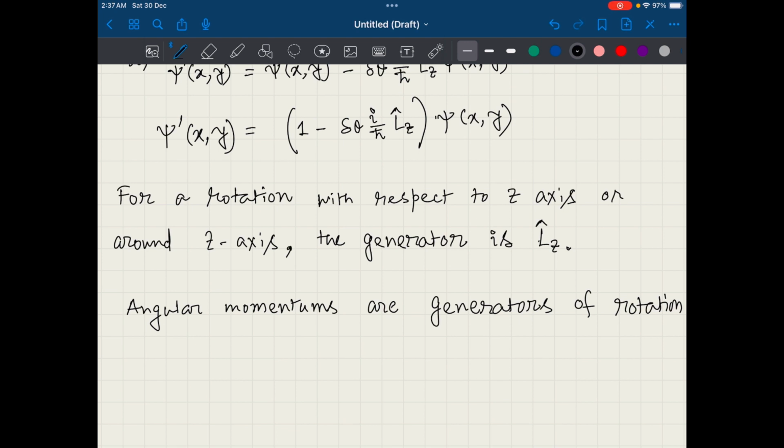So in other words, the x component of angular momentum Lx generates a rotation along the x-axis. Similarly, the y component generates a rotation along the y-axis, and the z component generates a rotation along the z-axis.